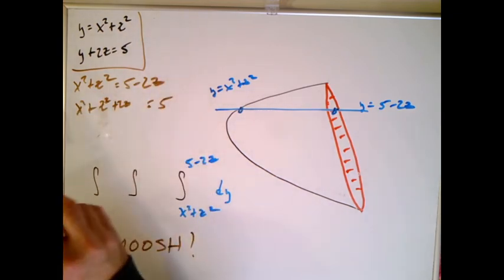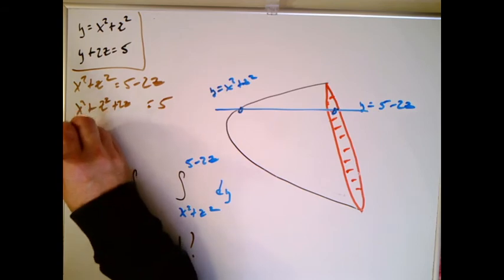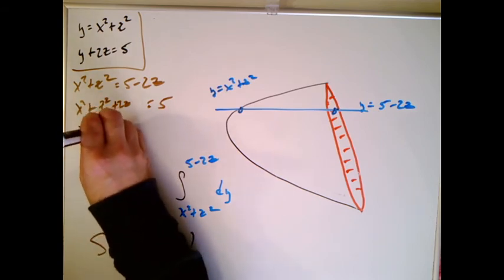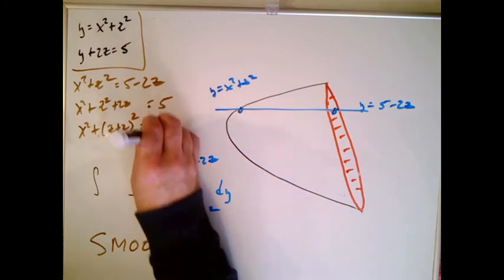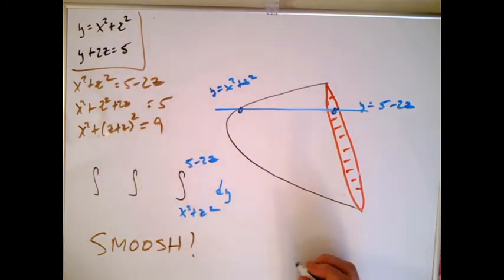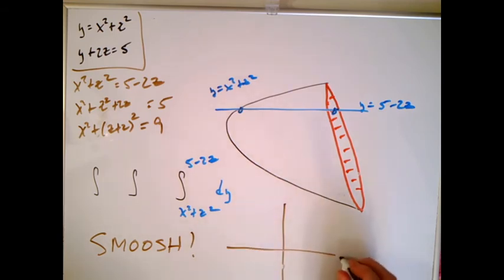I complete the square like they made us do in algebra, and I get x squared plus (z plus 1) squared, adding 1 to both sides, so this is 6. What we see is that this is a circle in the xz plane whose center is at 0, minus 1, and whose radius is square root of 6.